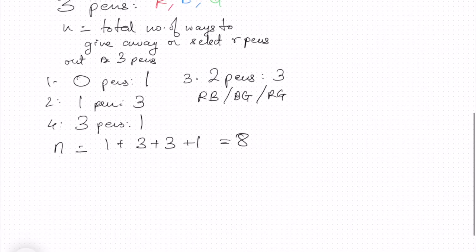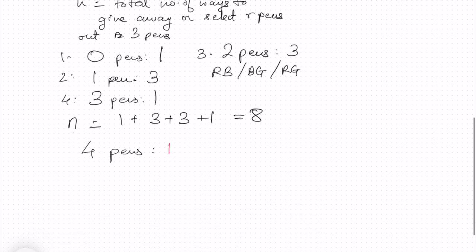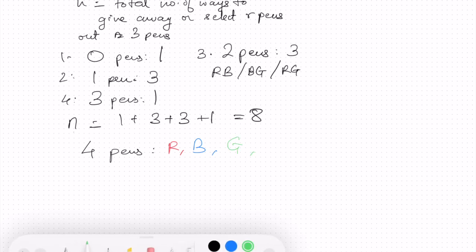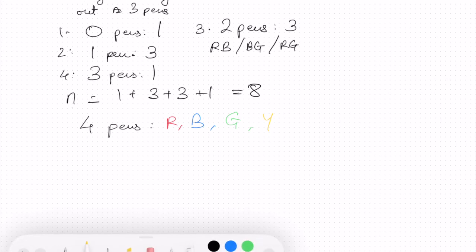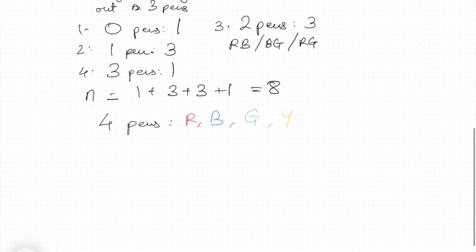Now you can repeat this exercise for 4 pens. Perhaps there's another color, like R, B, G and say Y, yellow, right? So again, there's the first possibility that I give away 0 pens, 1.